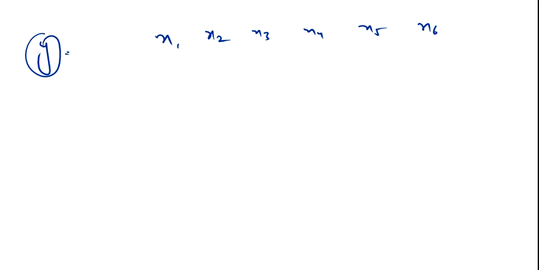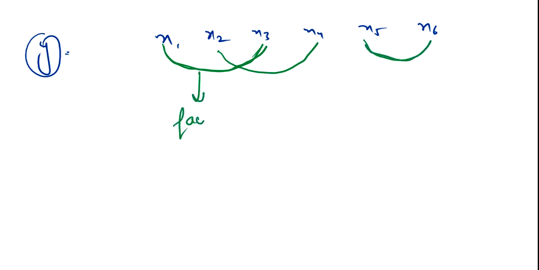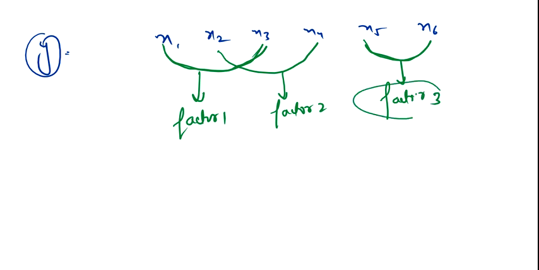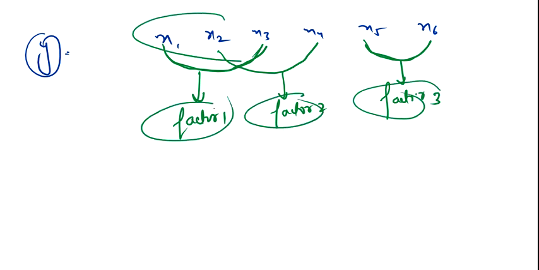But PCA or partial least square regression, what they will do, they will combine, say you can combine x1 and x3 based on some information and some data, say x2 and x4, and x5 and x6. So this will become my factor 1, this will become my factor 2, and this will become my factor 3. So now I need to analyze only these 3 factors rather than these 6 variables, clear. So it will simplify, clear.